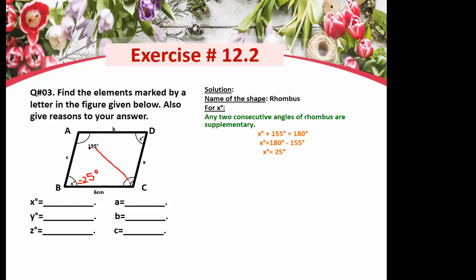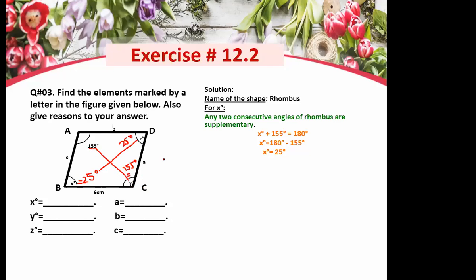If this angle is 155, the measurement of this angle is 155. So y is also equal to 155. If we talk about z, the opposite angle of z is this one. If this angle is 25 degrees, then z will also equal 25 degrees.